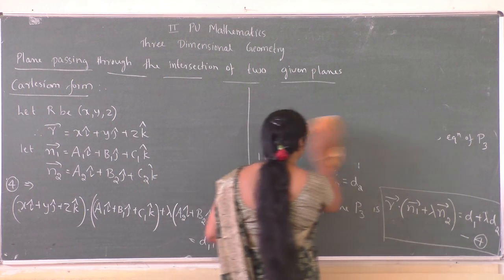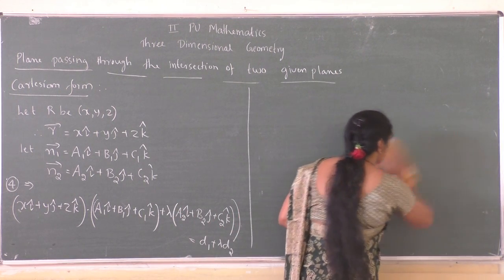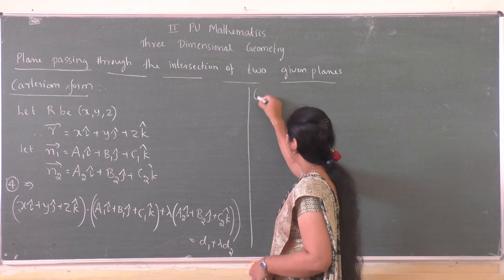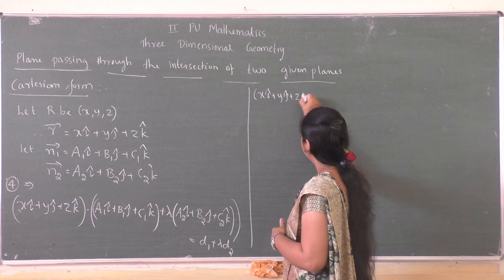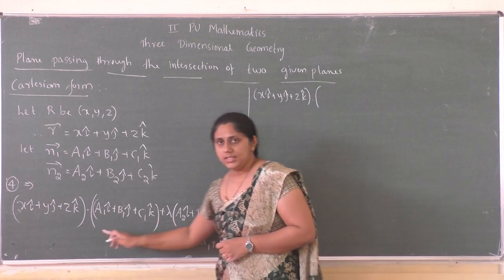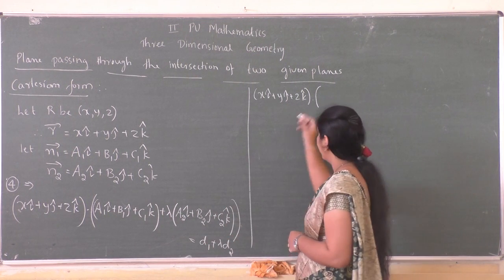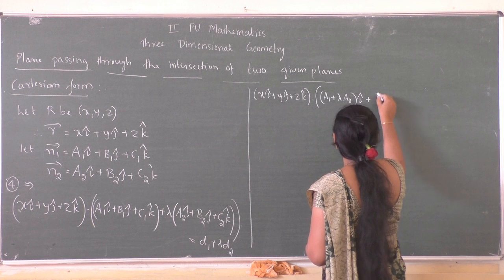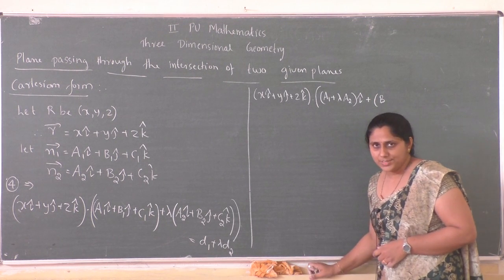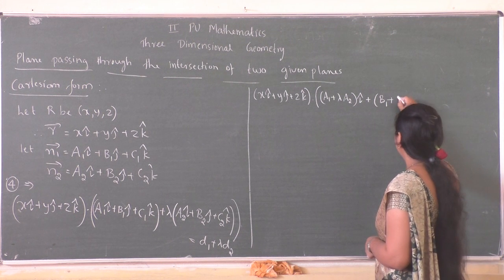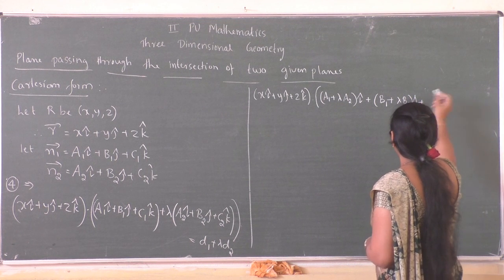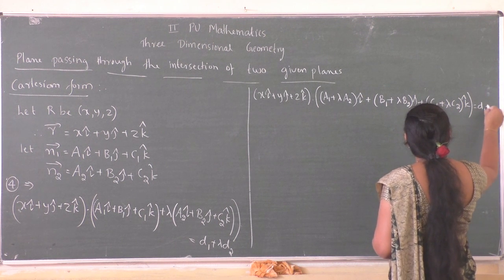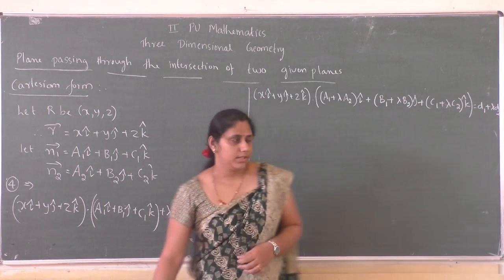Now we will simplify. First we simplify this: we have xi cap plus yj cap plus zk cap dot, see, this is a1 i cap plus lambda times a2 i cap, so it can be written as a1 plus lambda times a2 i cap plus, similarly combining the coefficients of j cap, we get b1 plus lambda times b2 j cap plus c1 plus lambda times c2 k cap, which is equal to d1 plus lambda times d2.